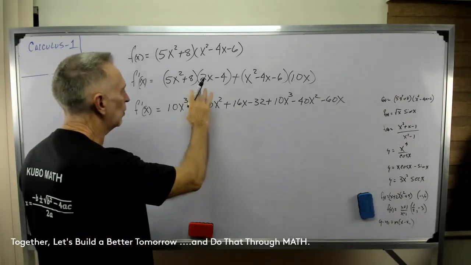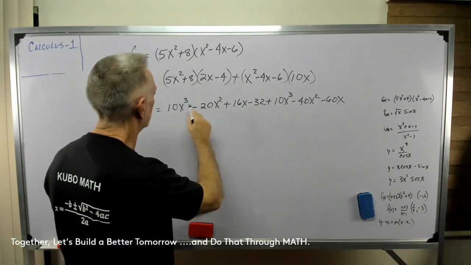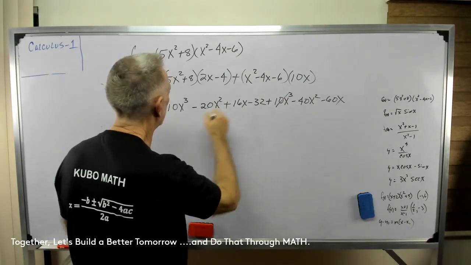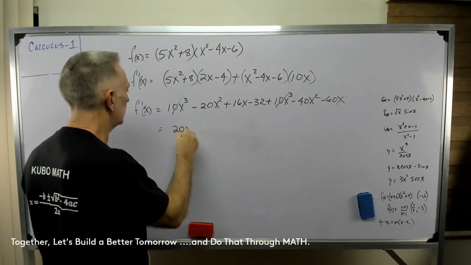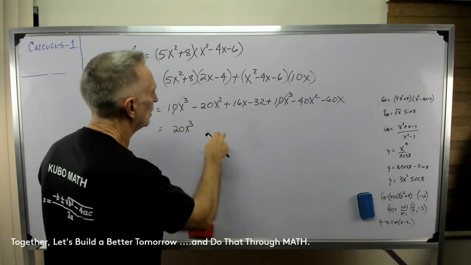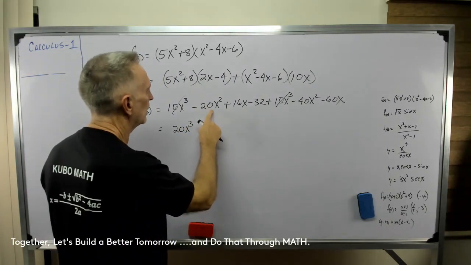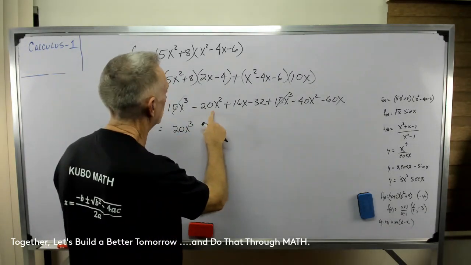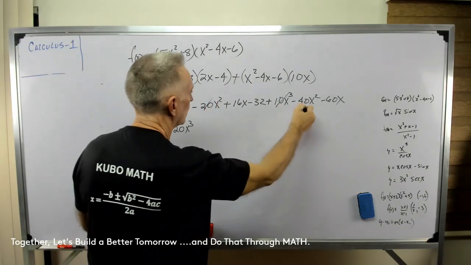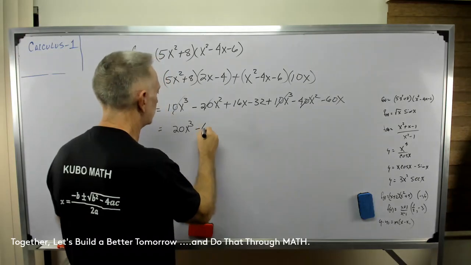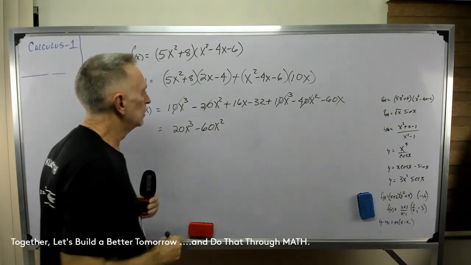Okay, I'm going to just mark through each term. I think there's only 2 cubed terms. 10x cubed plus 10x cubed is 20x cubed. Okay, I've got a negative 20x squared and negative 40x squared. So if I add those together, that's negative 60x squared.